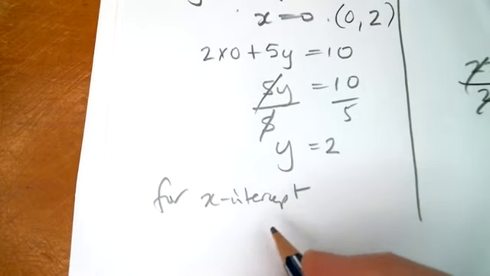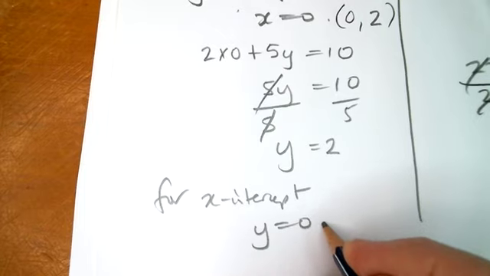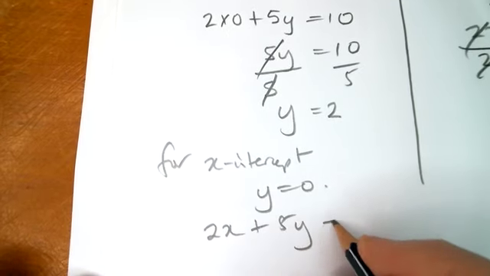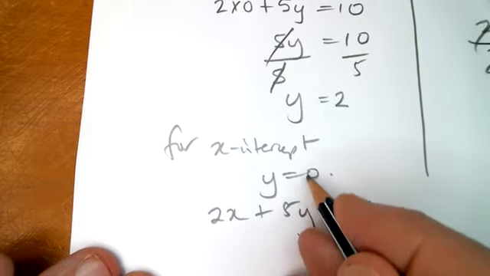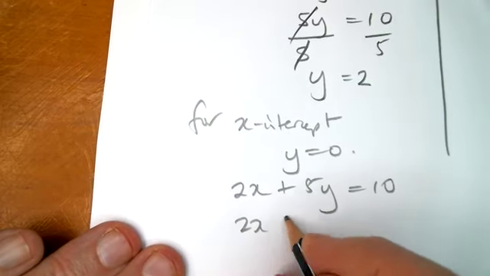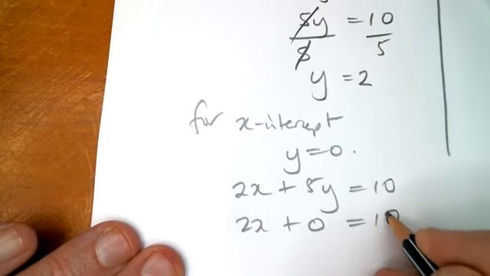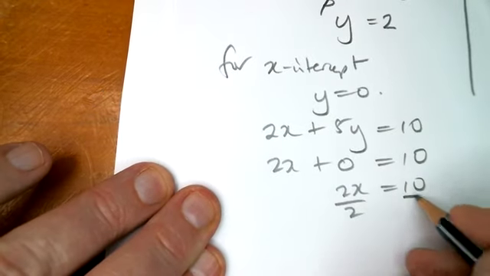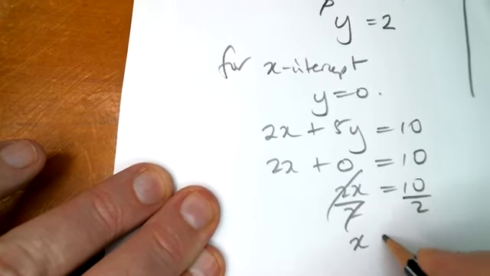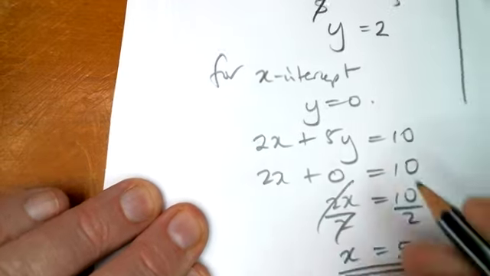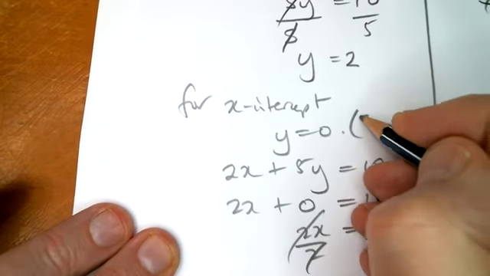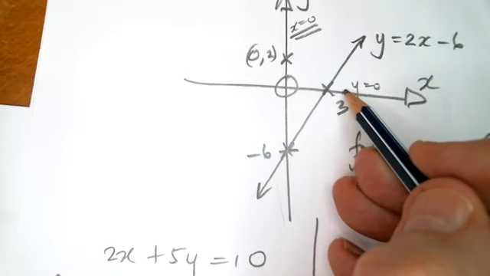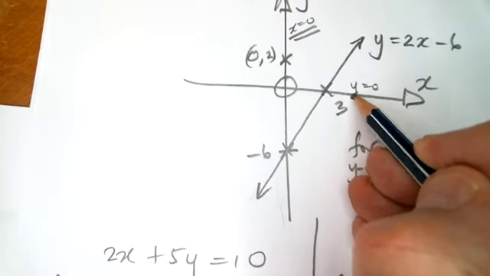Of course, for the x-intercept, we make y equal to 0. So I've got 2x plus 5y is equal to 10. Make y 0, so it's going to be 2x plus 0 is 10. 2x is 10, so I'm going to divide both sides by 2, and x is equal to 5. So we've got our coordinate, which is 5, 0. 5 along, call that 5, 0.